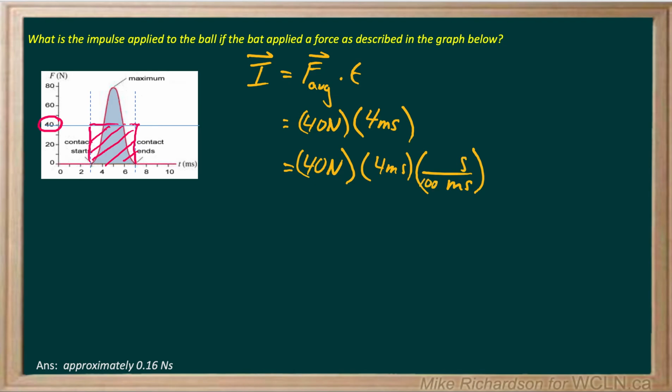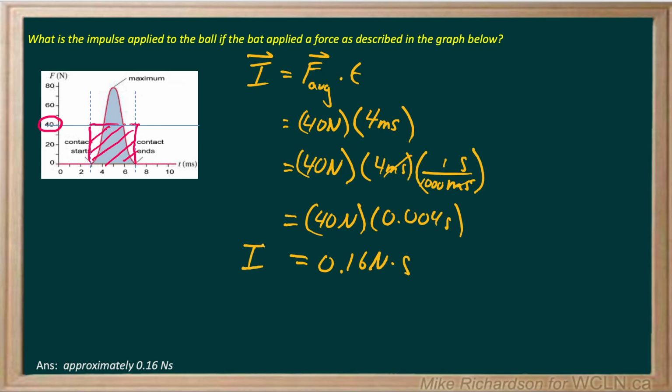There's 1,000 of those in one of those. They're going to cancel. So when I go 4 divided by 1,000, I get 0.004. So 40 newtons times 0.004 seconds will give me an impulse of 0.16 newton seconds. And again, that's just an estimate, but it's a fairly close one, I would guess.